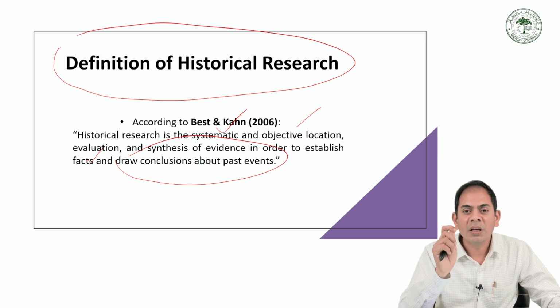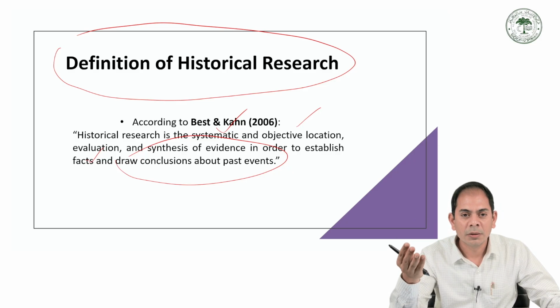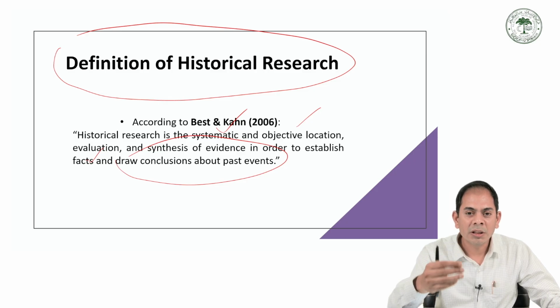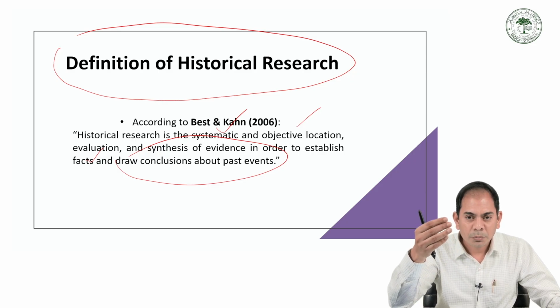Historical research involves collecting historical evidence and records carefully. The first important thing in historical research is that we collect data and information from the past, and the researcher evaluates the authenticity and accuracy of the information objectively. The researcher collects past records, past data, and past information, and this information should be reliable and authentic.